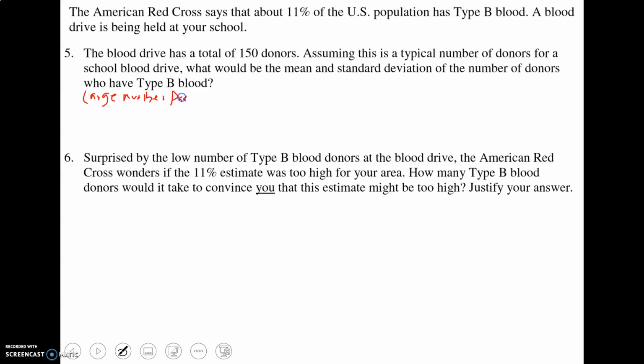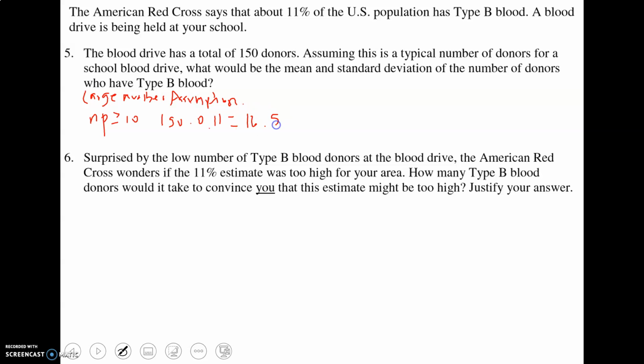Assumption. So this one would be where you check success and failure, right? Success and failure: np is greater than or equal to 10. So n is 150, and p is 0.11, and that is 16.5.